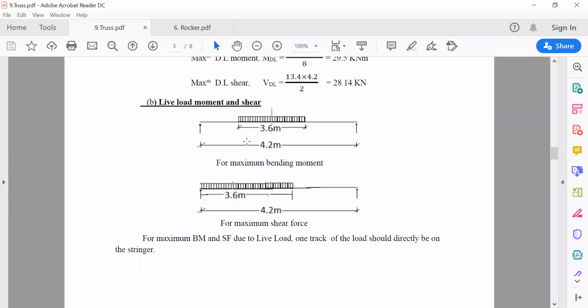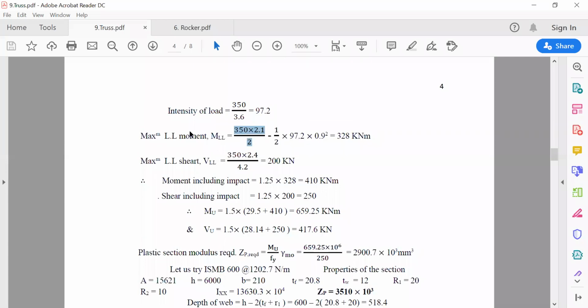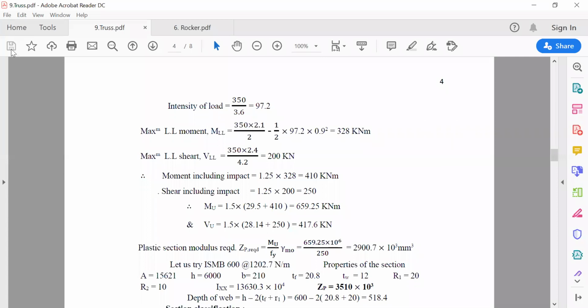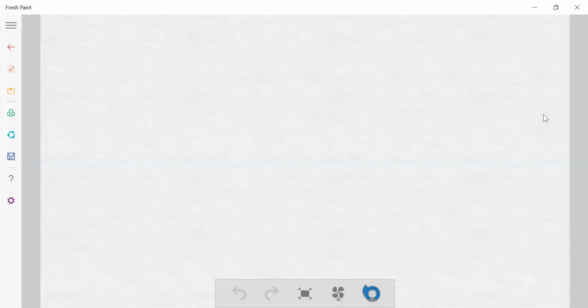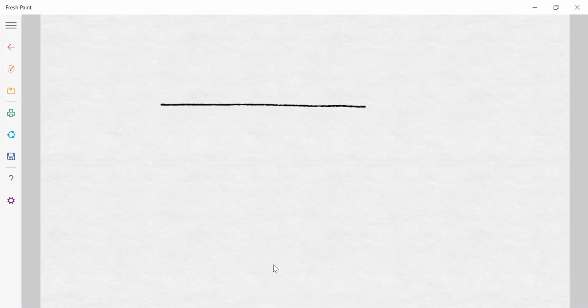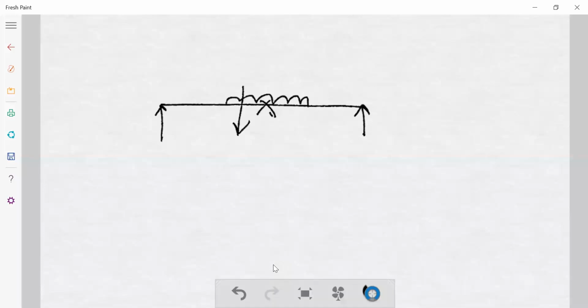This is for the point load, 350. The load is falling at the center. Generally, if I try to calculate it, there is one UDL load coming here, isn't it?